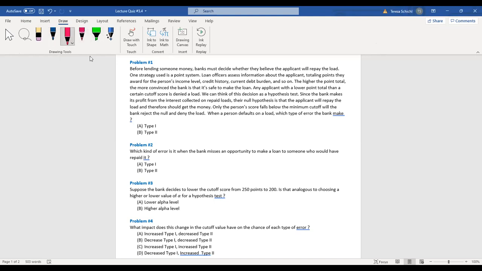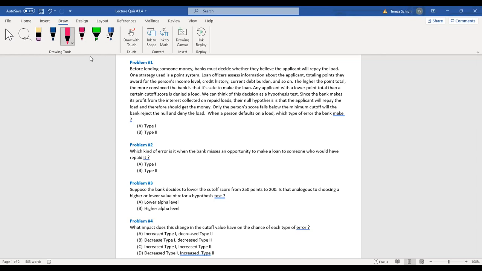So now, the hypothesis test is whether the applicant will repay the loan, and therefore the bank will get the money, and also the interest on the money.